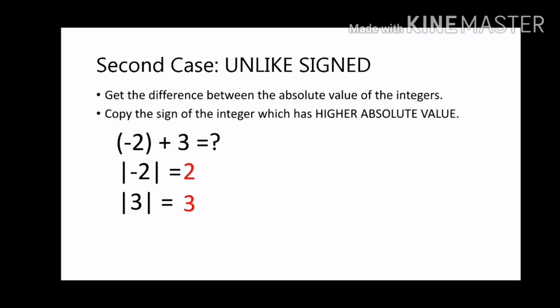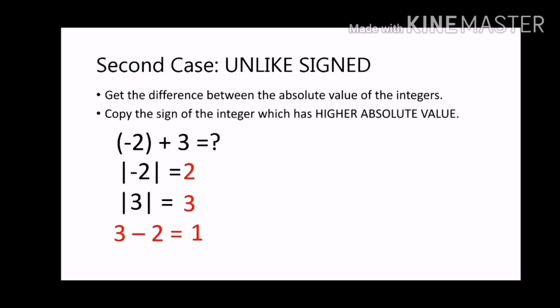Now, based on the first step, get the difference between the absolute values. What we got here is 2 and 3. Obviously, the difference between 2 and 3, or 3 minus 2, is equal to 1. Regardless of the position, we must still get the difference of the two, so always have the higher one before the lower one. We will have 1 as their difference. Now for the second step, copy the sign of the integer which has the higher absolute value.